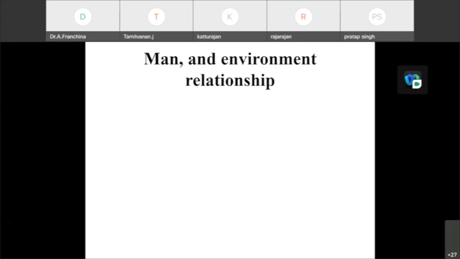You should be very clear. You have to classify which abiotic components play an important role in the environment, and which are biotic. Man, the human being, plays a very important role. That's the topic.